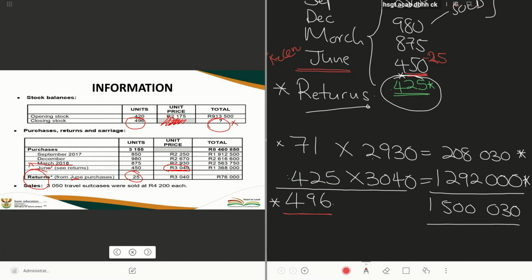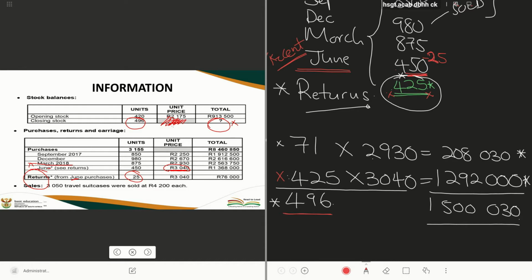How many units were in the recent purchases? 450. But remember I told you we have returned 25. That means we are only left with 425. So I cannot get 450, but I can get only 425.